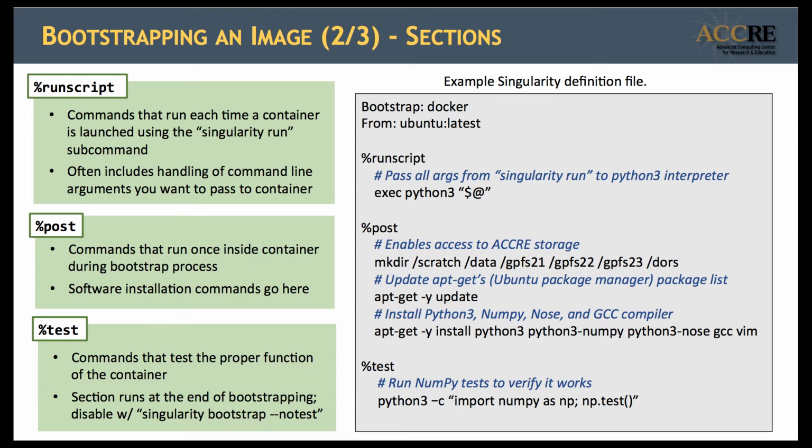And so the test section by default will be run at the very end of the bootstrap process, but you can also run it manually after you've already created your image. So you could do something like a singularity test image name, and it will run this section for you. A few other notes. All these sections support just standard bash syntax, so you can think of them as bash scripts.